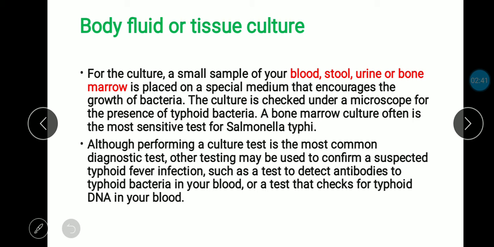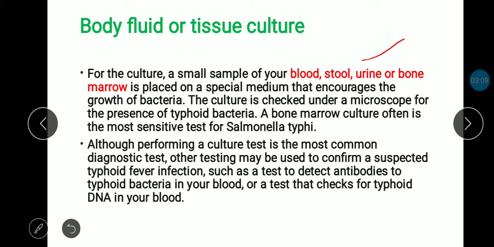For the culture, a small sample of your blood, stool, urine or bone marrow is placed on a special medium that encourages the growth of bacteria. The culture is checked under a microscope for the presence of typhoid bacteria. A bone marrow culture often is the most sensitive test for Salmonella typhi.